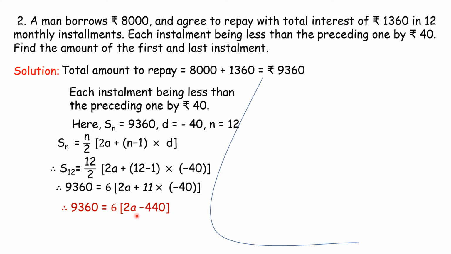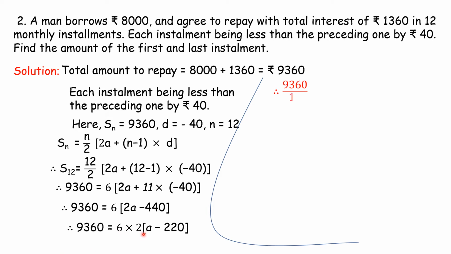2a minus 440. 2 and 440 are even numbers, so we bring 2 common outside the bracket. Therefore 9360 is equal to 6 into 2 into bracket a minus 220, that is 9360 is equal to 12 into bracket a minus 220.